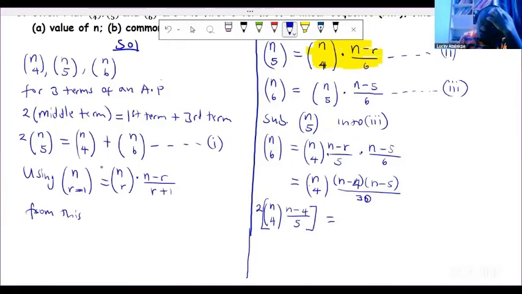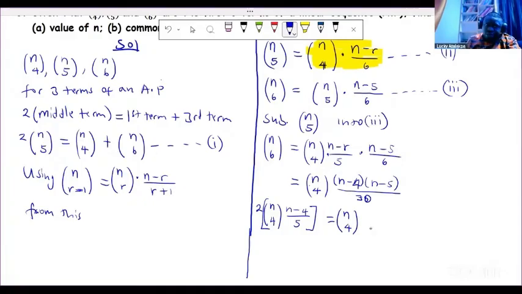N combination 4 is still n combination 4. Remember, we are substituting into equation 1. Then plus n combination 6. We have found n combination 6 to be everything we have here. Right? Everything we have at this point.